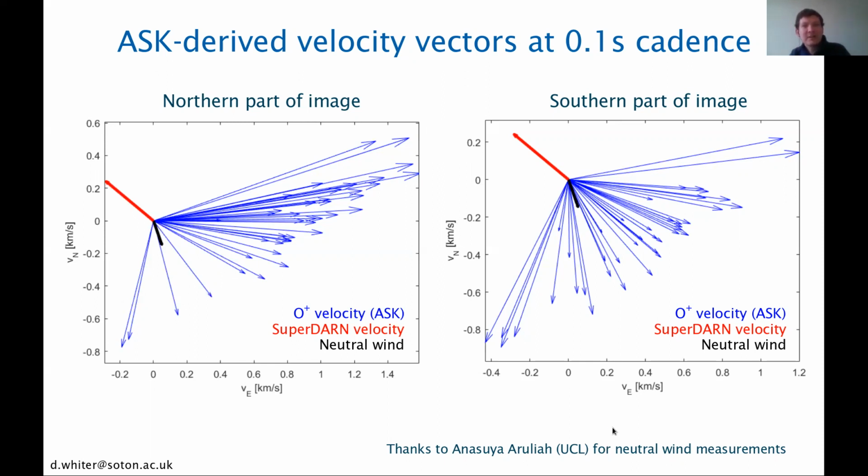Anna from UCL also gave us the neutral wind measurement from the Scandi instrument. From the ion velocity vectors we can get electric field vectors, and with the neutral wind vector we can calculate Joule heating rates. Patrick's done that as well.